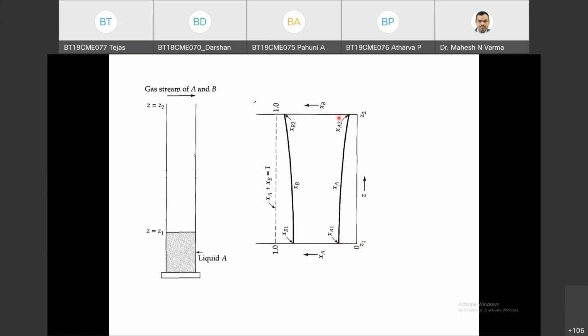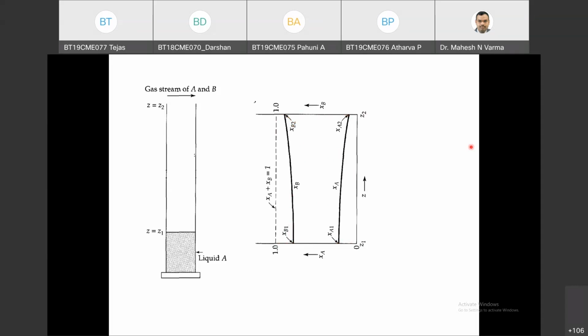Concentration of A is decreasing, and this is the scale for concentration of B. So say here concentration of B was 0.8, and here it will be 0.9. So summation of this will be 1. So this is 0.8 plus 0.2, and here 0.9 plus 0.1 is 1. So this is what expected concentration profile.